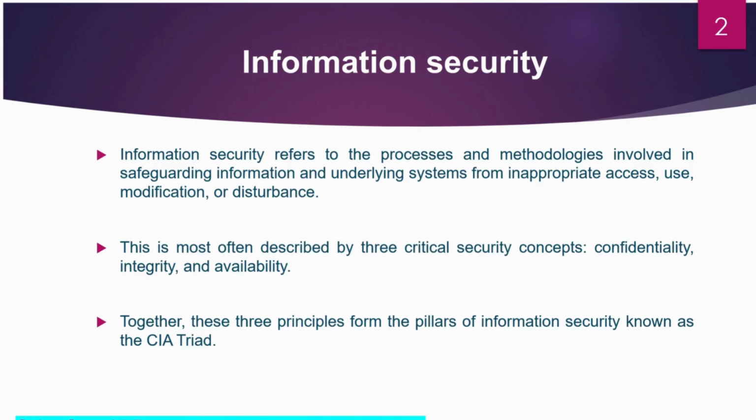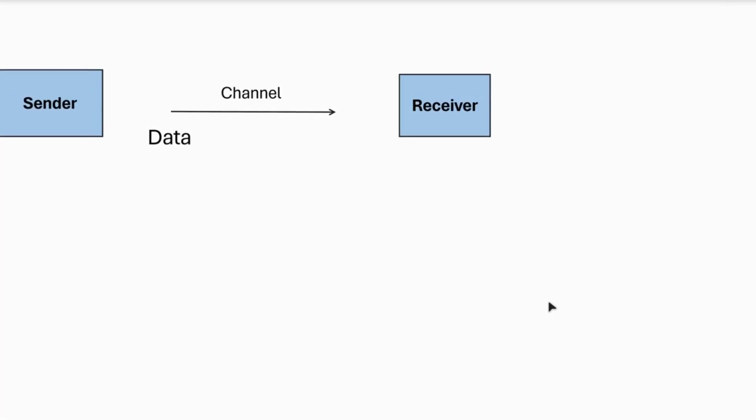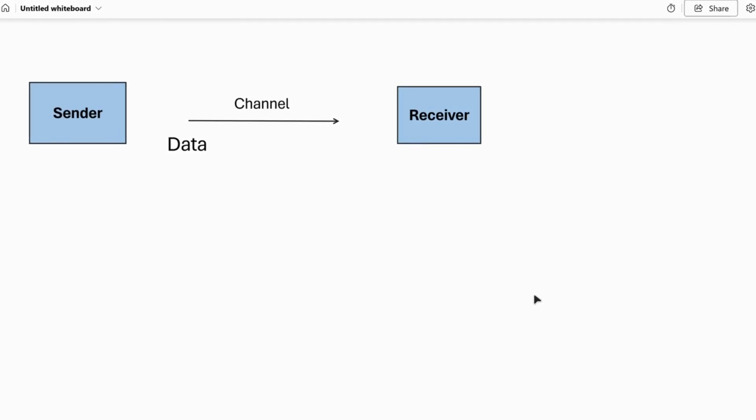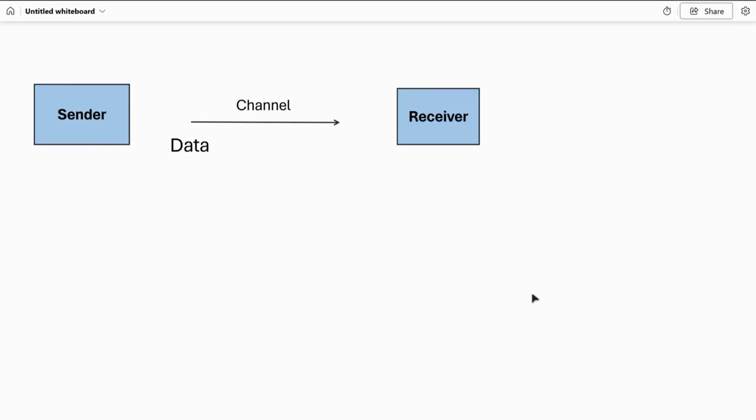I will explain it in simple language. Suppose a sender is willing to send data or information from one place to another via any channel. At the time of sending data, they will ensure that the piece of information is received at the receiver end without any modification, alteration, confidentiality breach, or disclosure of information, and should be available at the receiver end.